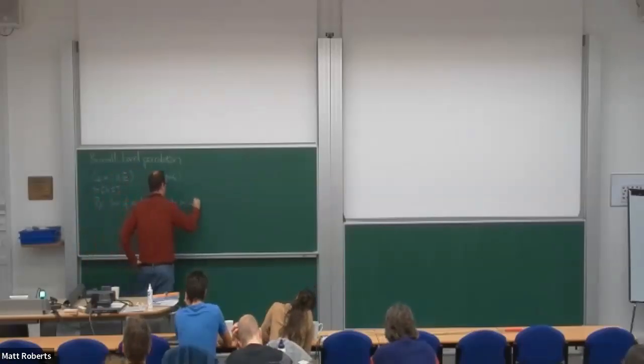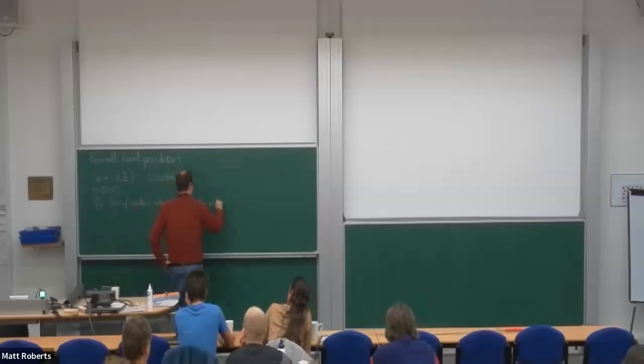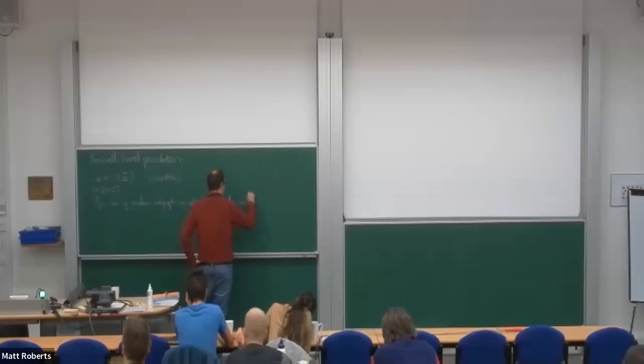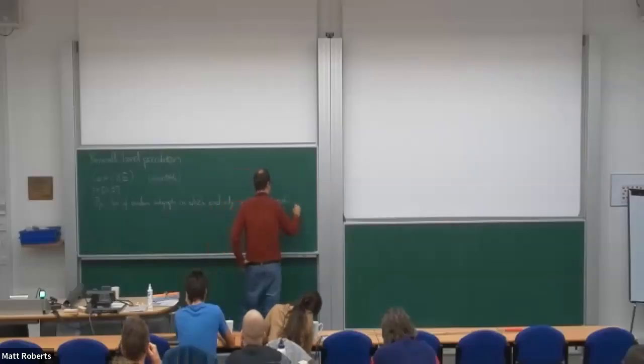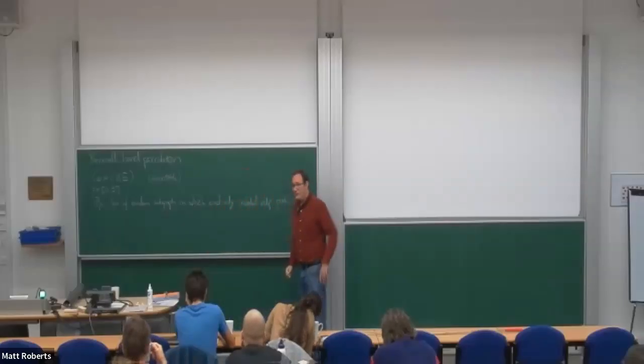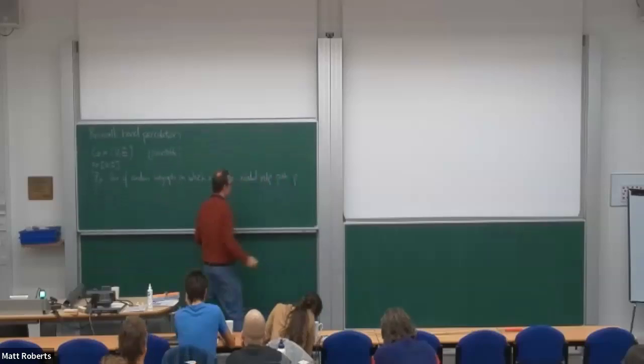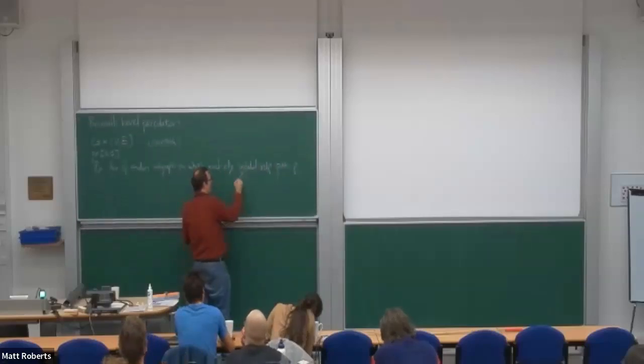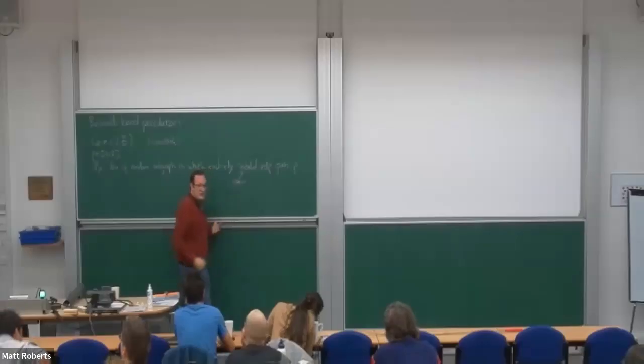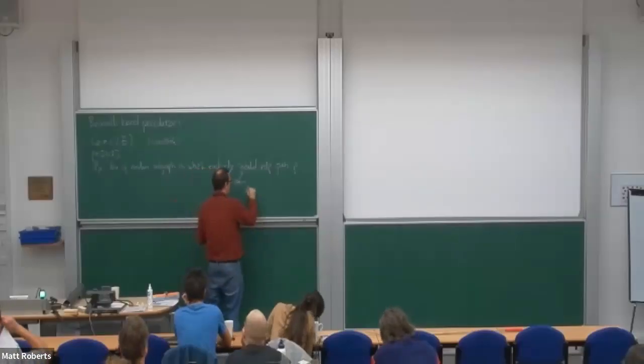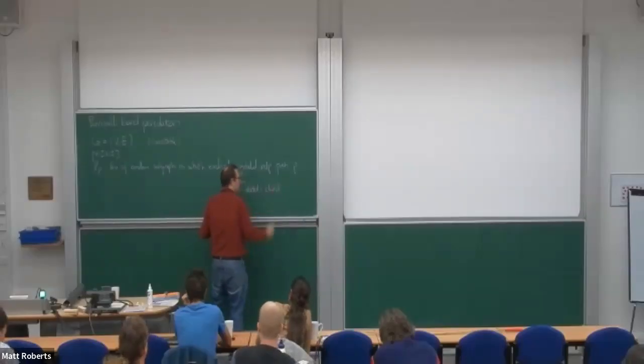in which each edge is included independently with probability P. Okay, so we call the edges that we include open edges, and deleted edges we call closed.